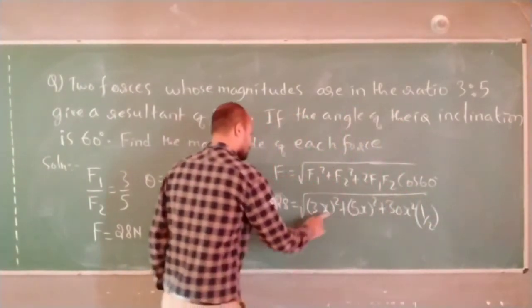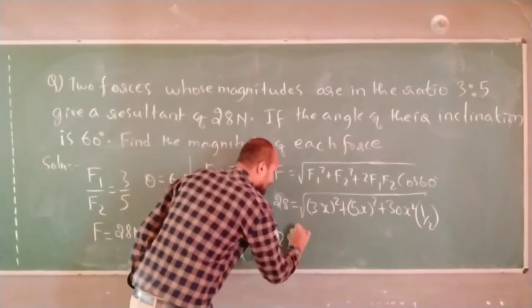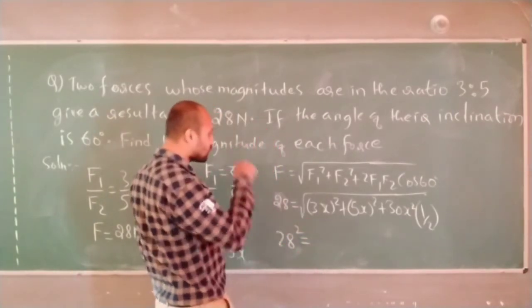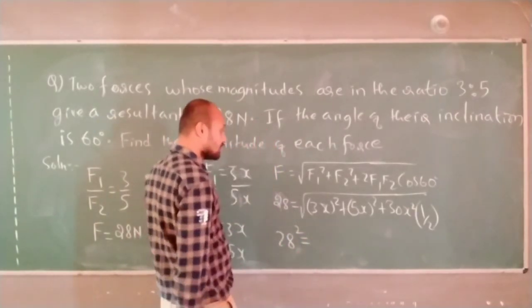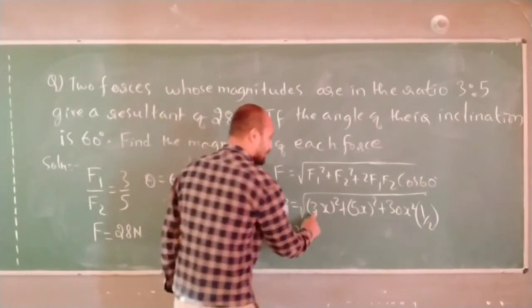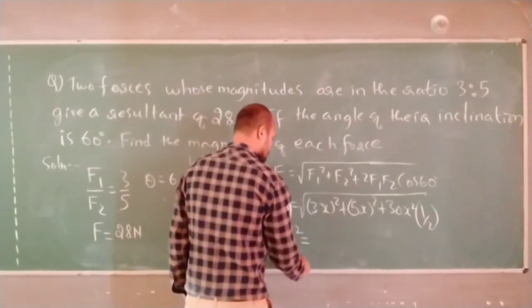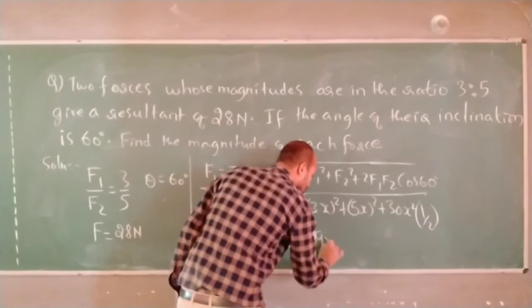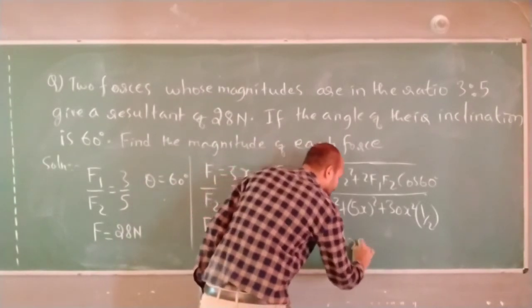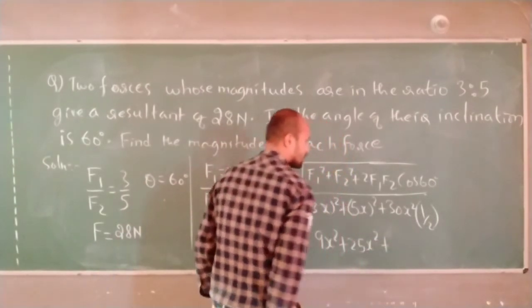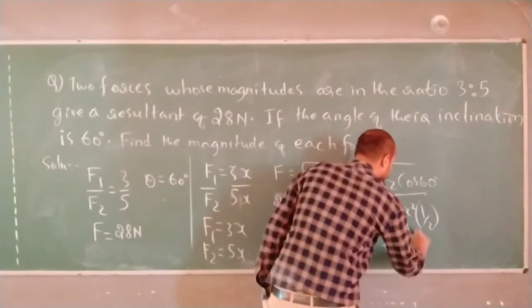So this will become 28 square equal to 9x square plus 25x square plus 15x square.